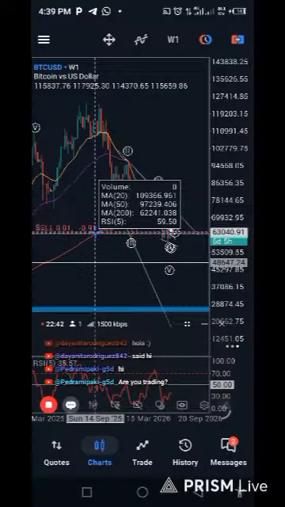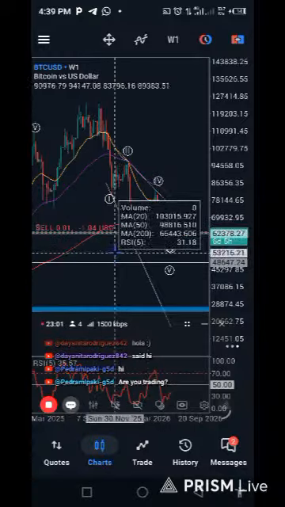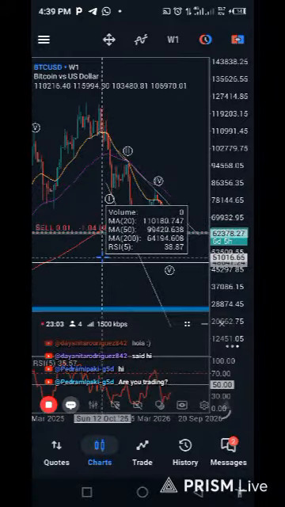It started from September 2025. Since September 2025, Bitcoin has been falling. From Sunday, the 14th of September 2025, Bitcoin started dropping, and dropped and dropped.